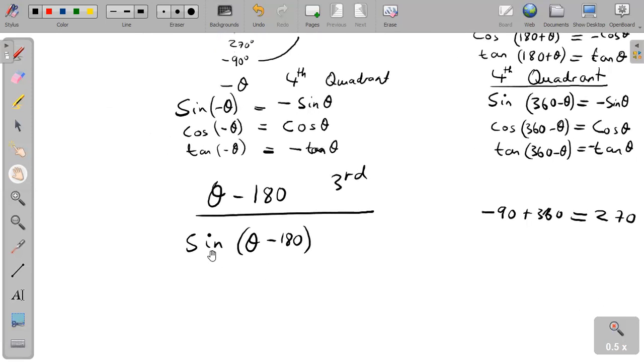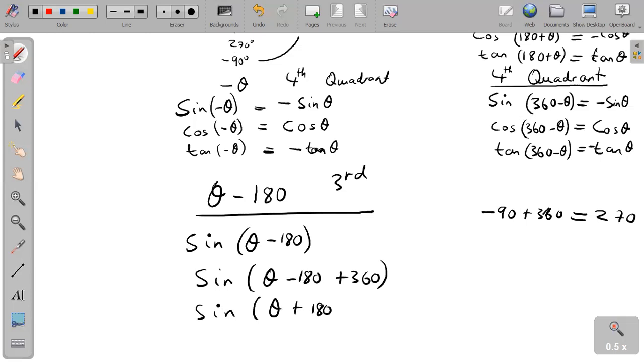So that we can still do the same thing here on the first method of establishing where sine of theta minus 180 is. What we can simply do is add 360 onto theta minus 180. So theta minus 180 plus 360, what do we end up having? We end up having theta plus 180 degrees, because minus 180 plus 360 obviously gives us 180 degrees.